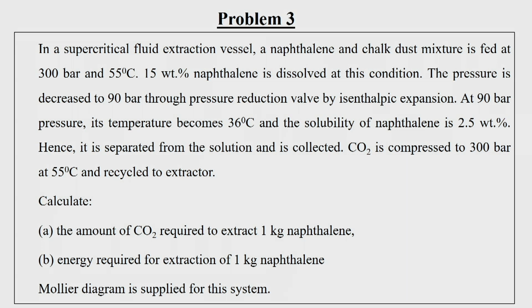And the pressure is then decreased to 90 bar through a pressure reduction valve by isenthalpic expansion. Suppose this is the supercritical fluid extraction unit, at 300 bar and 55 degree Celsius temperature. Then suppose here carbon dioxide is added.